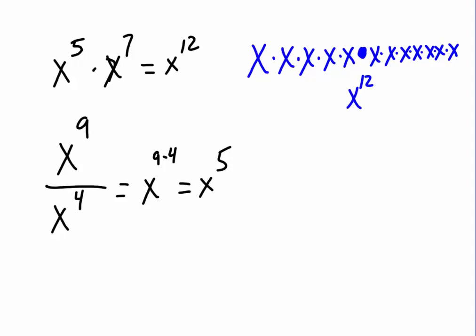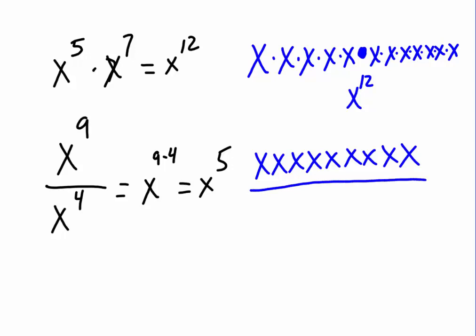Okay, the same kind of deal applies here with the division. I've got x to the ninth, 1, 2, 3, 4, 5, 6, 7, 8, 9 on the top, or in the numerator. In the denominator, we've got 1, 2, 3, 4. Now, since this is all multiplication, we can cancel.